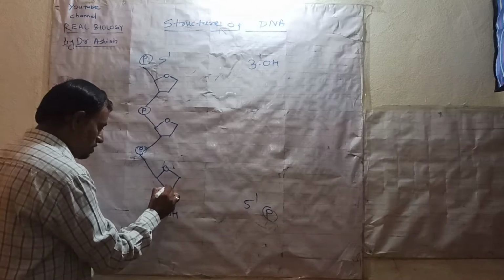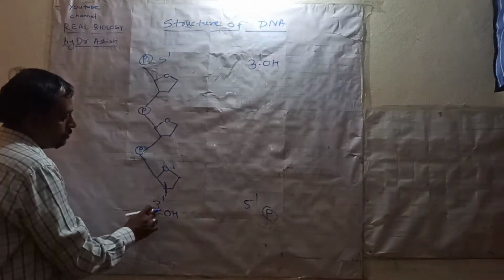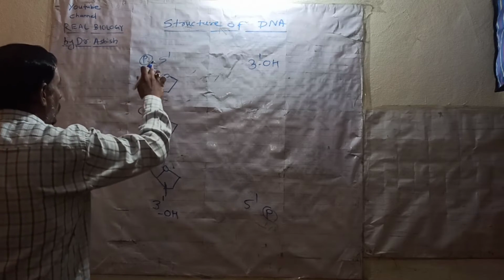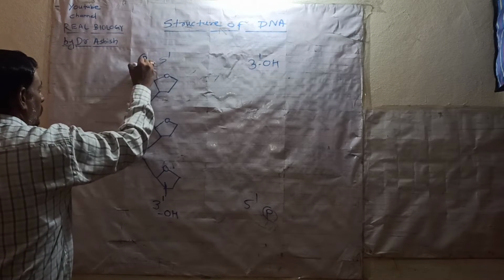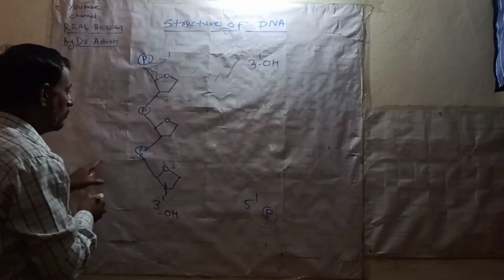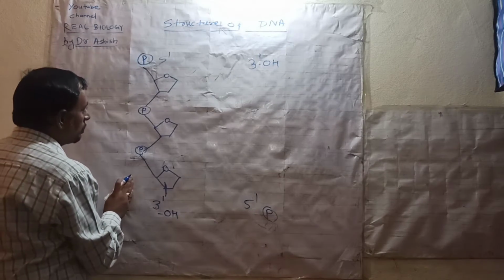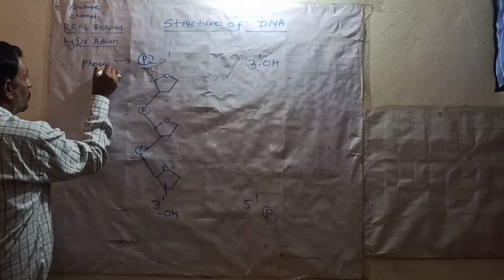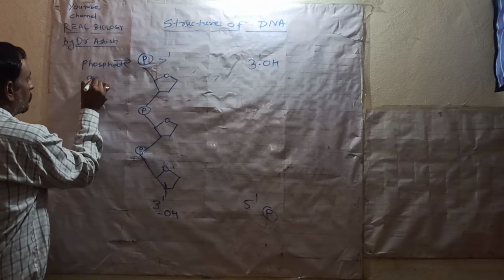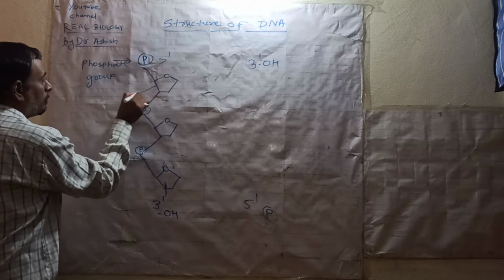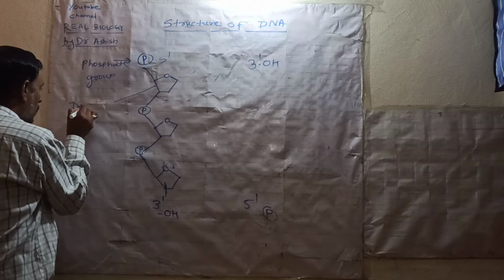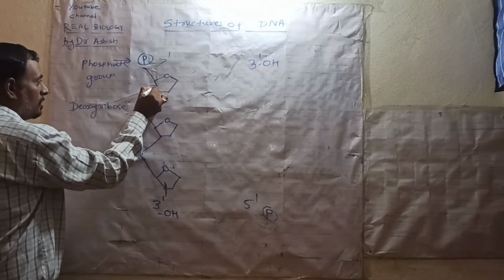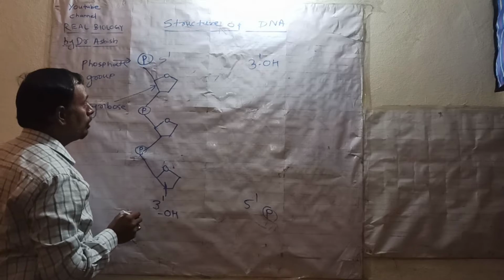So this is the 3' OH group of deoxyribose sugar, and this is the 5' end, which is the phosphate end, nothing but H3PO4. This structure, the repeating phosphate group along with the repeating deoxyribose sugar, is known as the backbone of DNA.